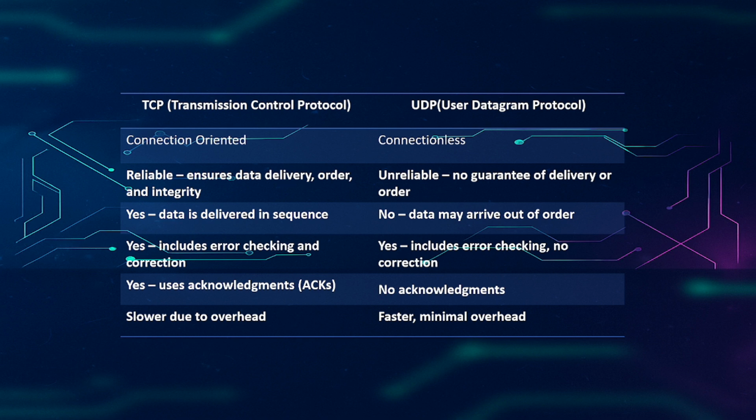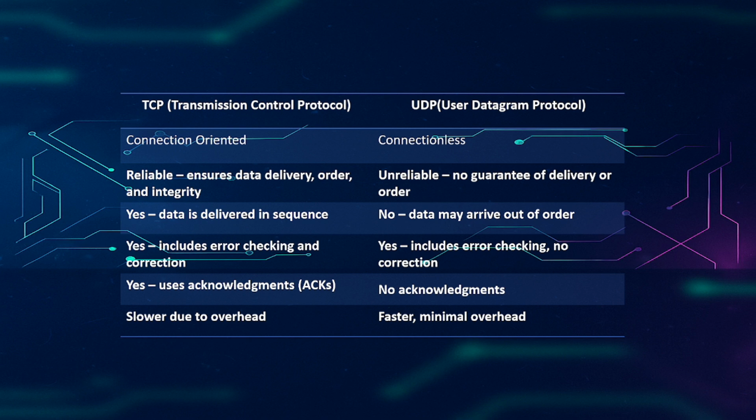So there are some key differences, that TCP is connection oriented and UDP is connectionless. And TCP is reliable, so that it makes sure that whatever data is being transmitted through TCP, it gets delivered to the particular destination. And UDP is unreliable. There's no guarantee that the packet will reach the particular destination.